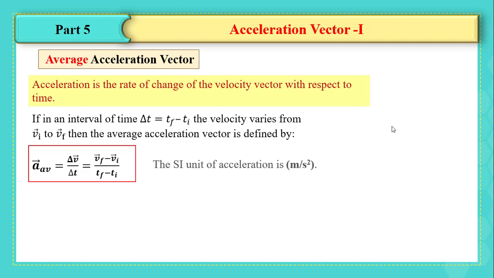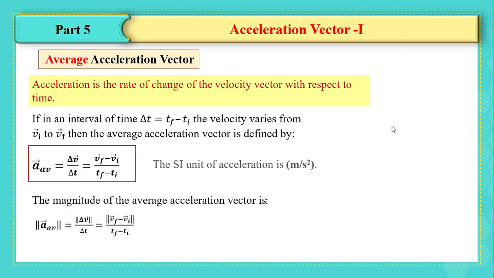The SI unit of acceleration is meter per second squared. The magnitude of the average acceleration vector is the magnitude of the difference in velocity divided by delta t.